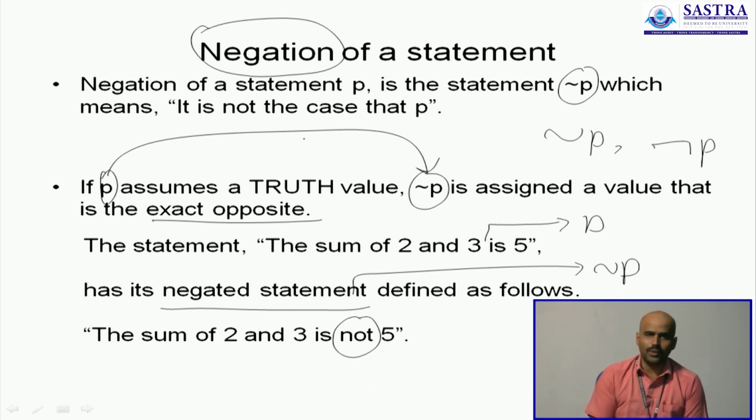We're not saying 2 and 3 give you 6 or 2 and 3 give you 7. We say that 2 and 3 is not 5. The strategic position of the word not helps us define the negated version of any given statement. So the first operation that we'll discuss is the negation of any given statement.